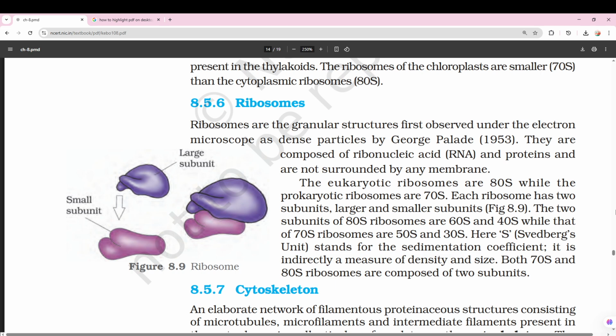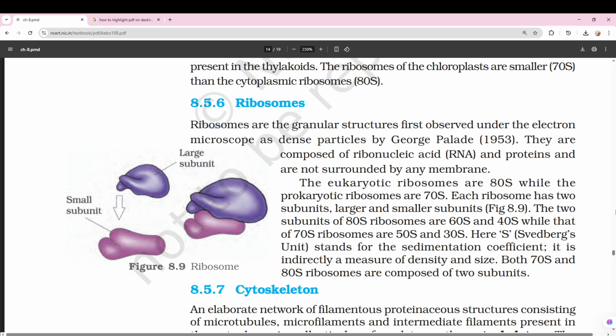They are composed of ribonucleic acid and proteins and are not surrounded by any membrane. The eukaryotic ribosomes are 80S, while the prokaryotic ribosomes are 70S. Each ribosome has two subunits, larger and smaller.